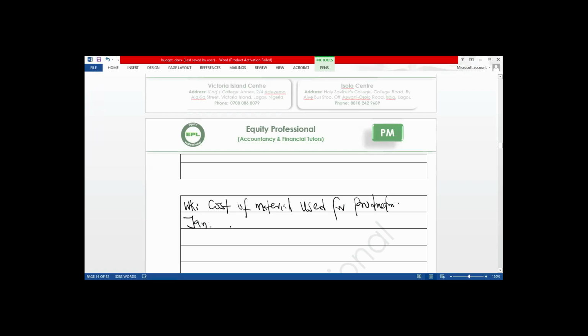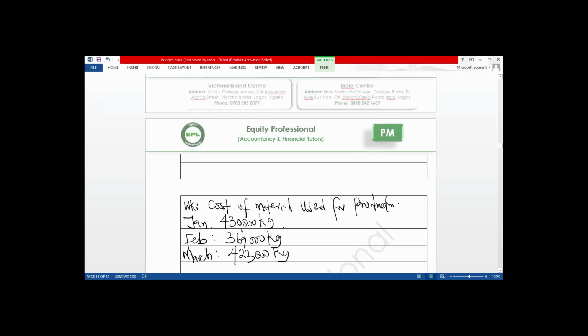January, material for production is 330,000 kg. February, material for production is 369,000 kg. March, material for production is 423,000 kg.